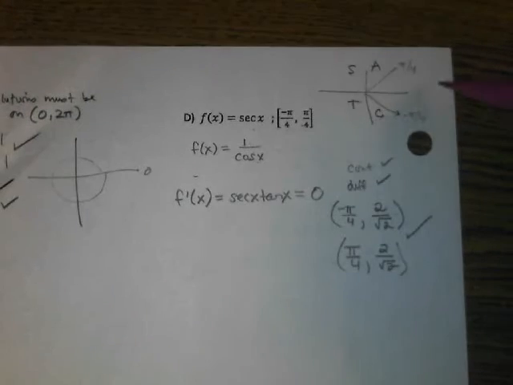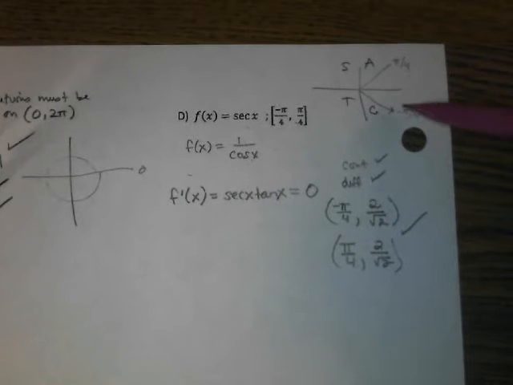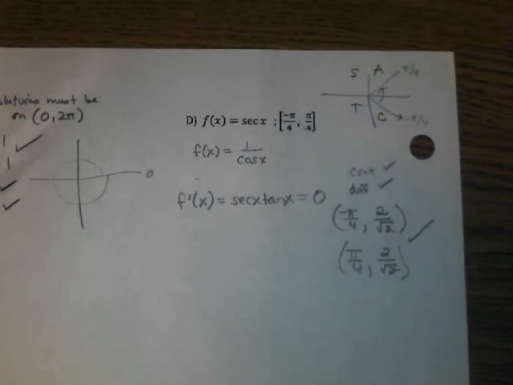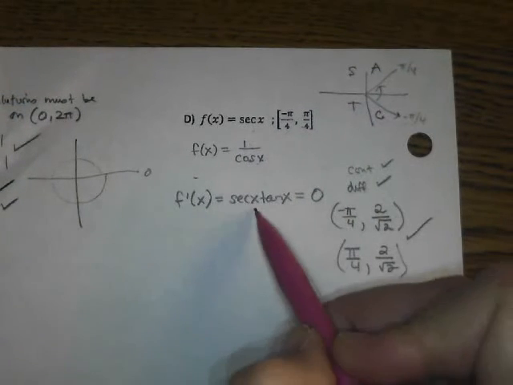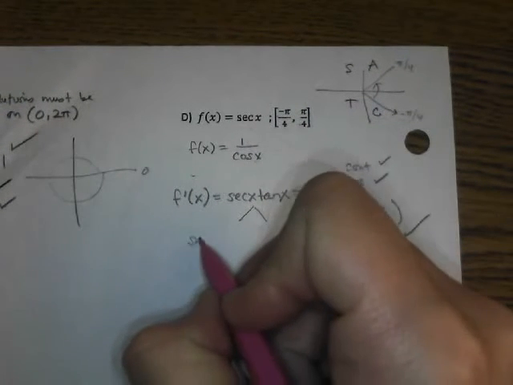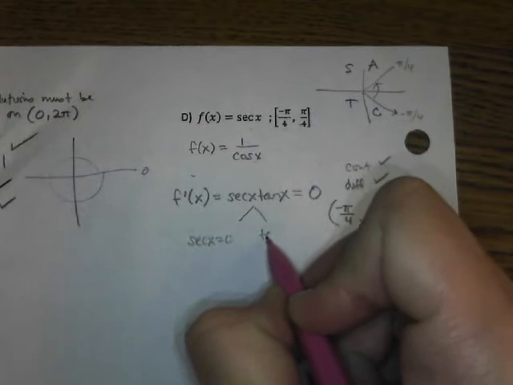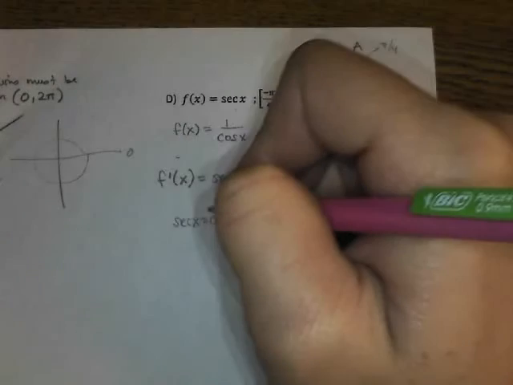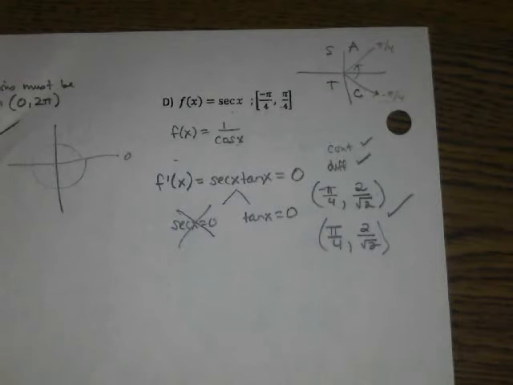So either, we could tee it up right now, either the secant x equals 0 or the tangent of x equals 0. And guess what? Which one of those never equals 0? Secant, because 1 over anything would never equal 0. And in this interval, when is the tangent equal to 0? Just at 0. Okay? The tangent of 0 is 0. So x equals 0 would be your C value here.